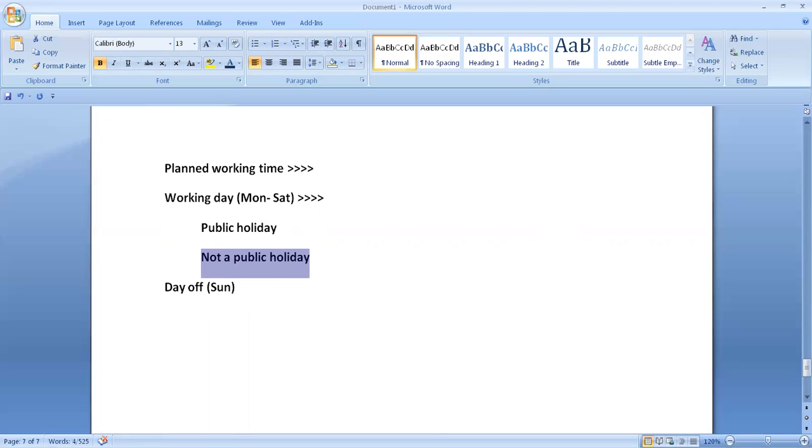Meaning some festival is falling on Monday or Tuesday. Though it is a working day, that is a public holiday. Because Diwali came on Monday or Tuesday or Wednesday, this is a public holiday. And not a public holiday means the employee is working on a working day because it's not a public holiday.